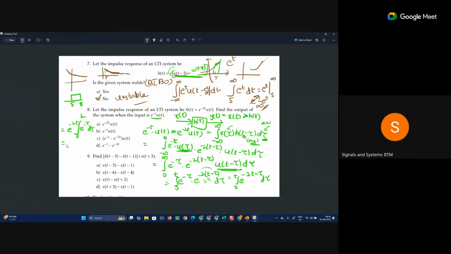The integral of e power minus tau is e power minus tau by minus 1. We substitute the limits, and since there is a minus, we interchange the limits. So e power 0 minus e power minus t. So it will be e power minus 2t times 1 minus e power minus t. Am I right?